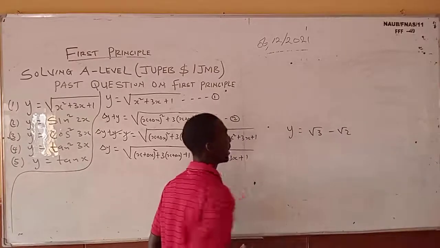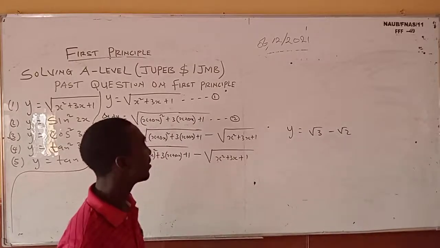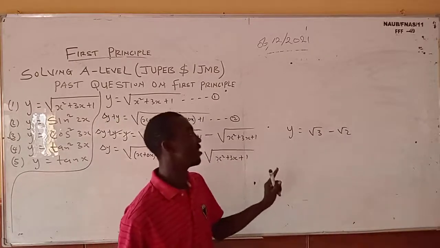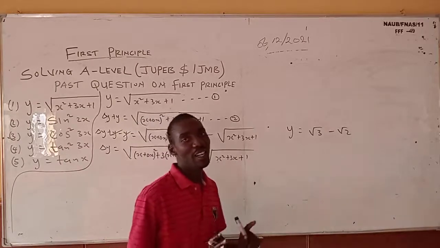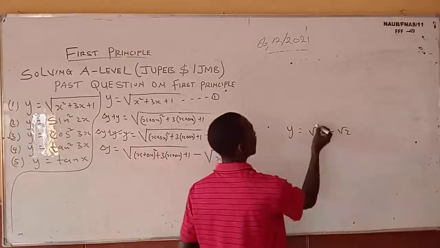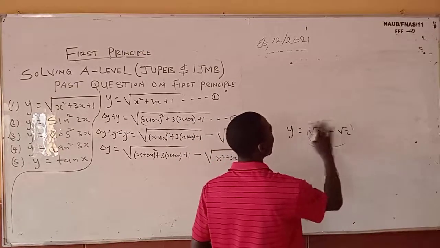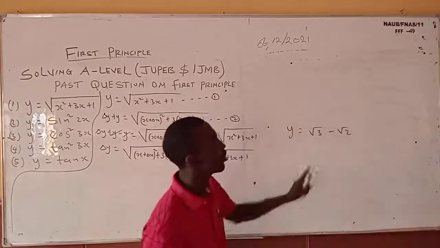For you to rationalize here, what we mean by rationalizing is you just multiply the numerator and denominator by 1. What do I mean by 1? What is the conjugate of this? The conjugate of this is nothing but root 3 plus root 2.